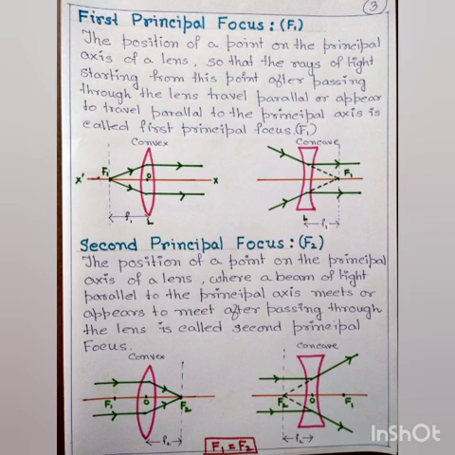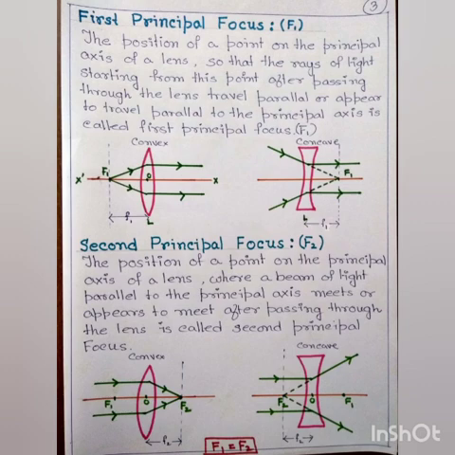Now see the next picture, that is for the concave lens. Here the incident rays are converging and they appear to meet at a point on the other side of the lens, but after refracting through the concave lens, they become parallel to the principal axis.